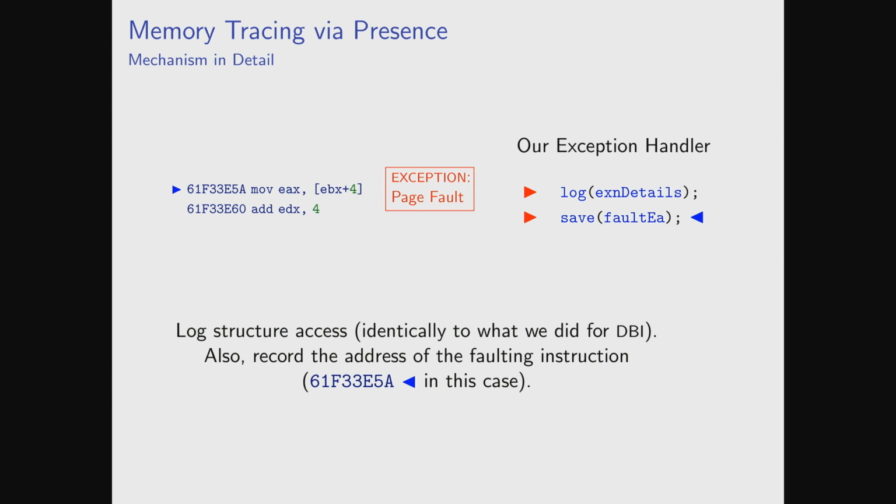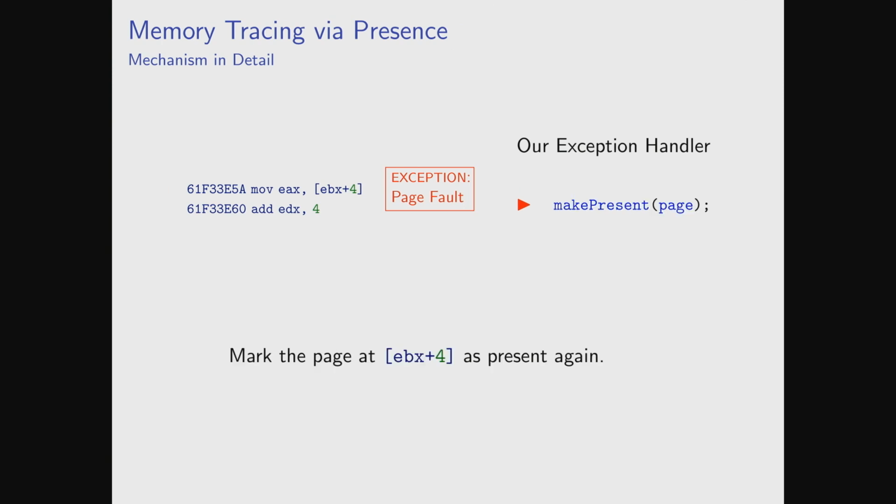So right here, this is how we replace DBI: log right in the page fault handler the details of where the allocation came from, as well as what instruction accessed it. Now we need to let the process continue execution, but it's a little tricky. So we save the address of the faulting instruction. We mark the page as present.